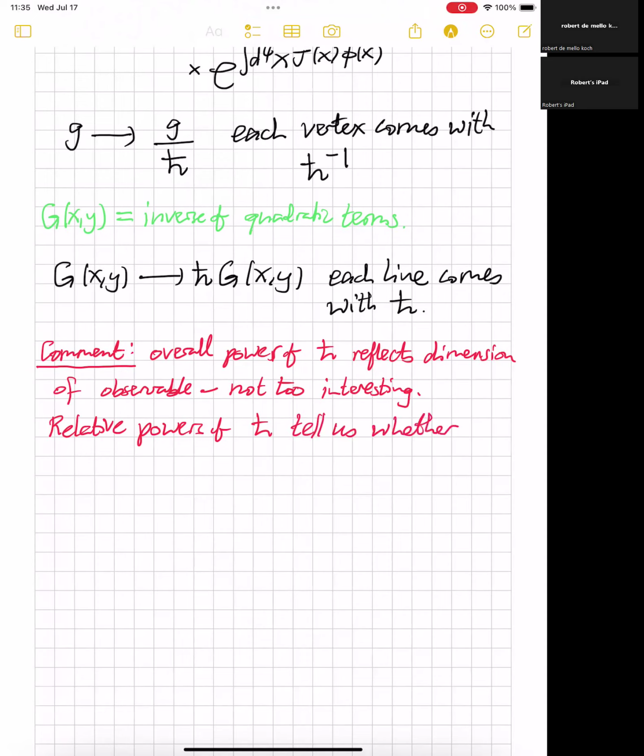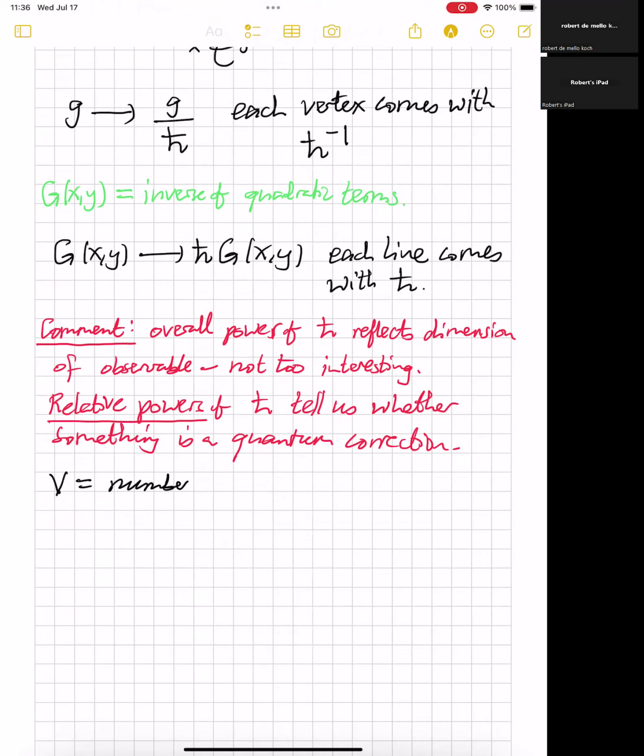Now, let's just introduce a little bit of notation. Motivated by this observation of how the h bars come, I want to introduce the following. I'm going to say V is equal to the number of vertices. And then I could say, let's just count the number of lines, but I want to be a little bit more fine-grained.